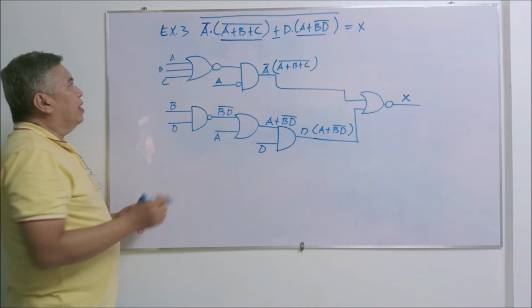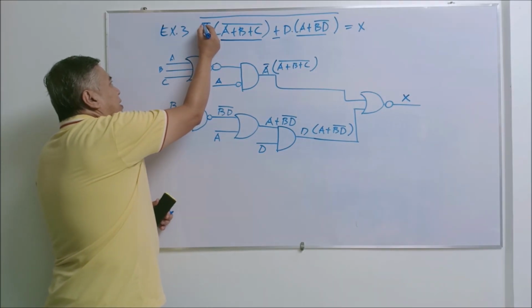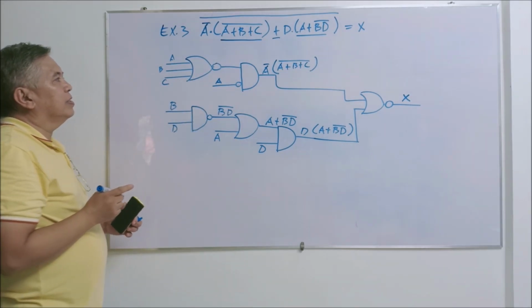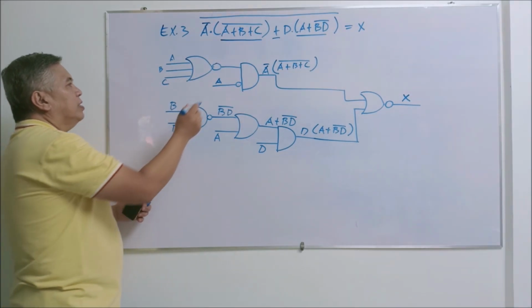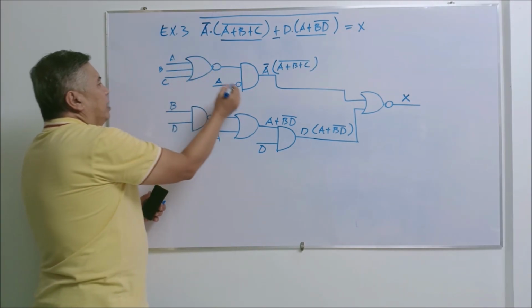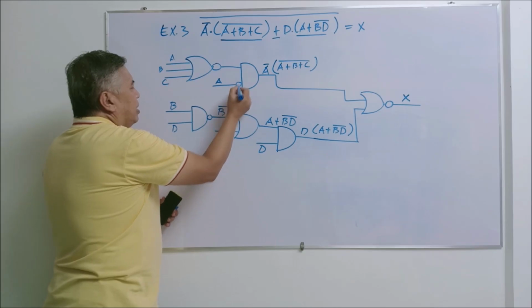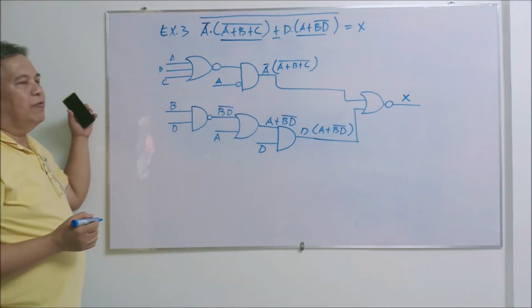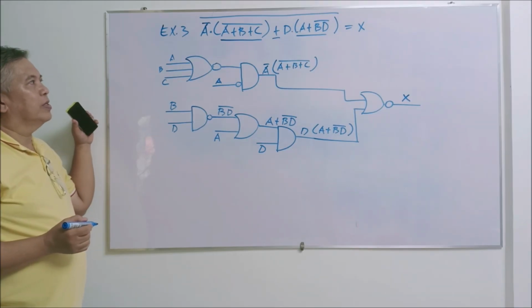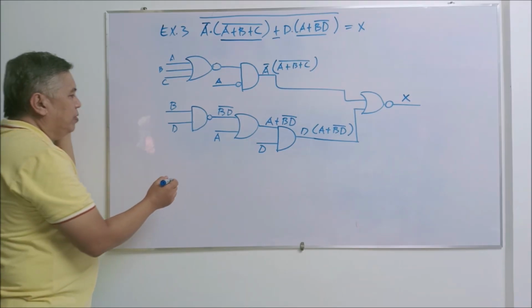Okay? While if you have only one complement on a particular variable, this complement is placed at the input part of your symbol. Okay? So, let me give you another example.